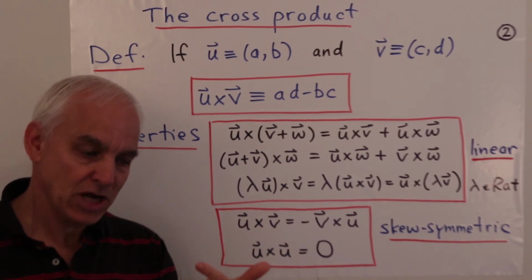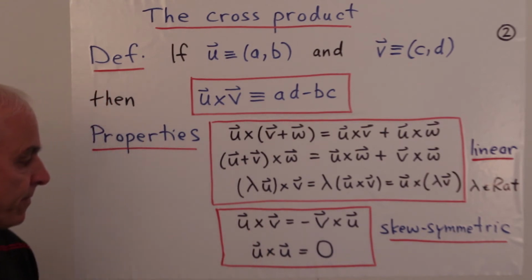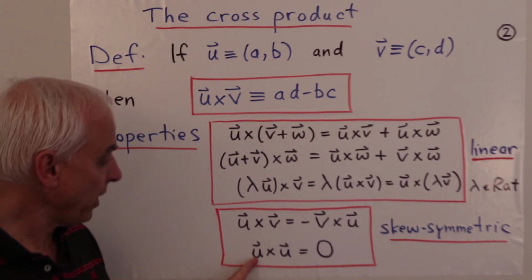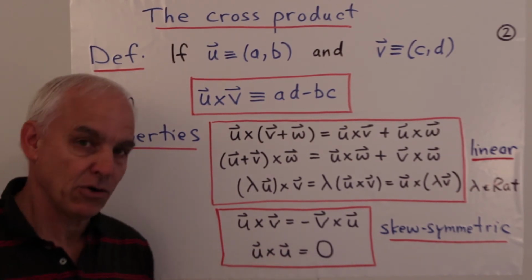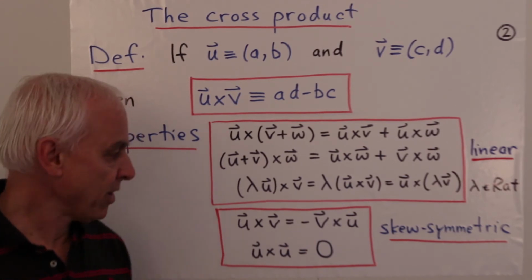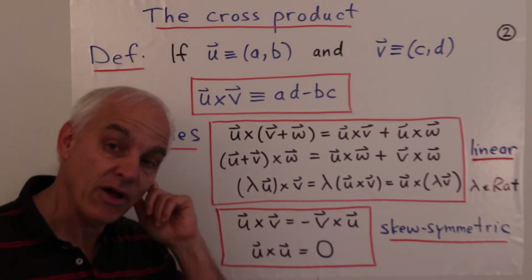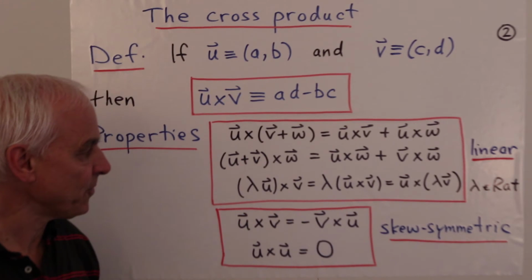So we interchange the order, we introduce a minus sign into the cross product. That has a consequence which is worth noting, that if u and v are the same, say u cross u, then we have to get 0 as the cross product. Because whatever number that would be, it would have to be equal to negative of itself, and there's only one number that's equal to negative of itself, and that's 0.